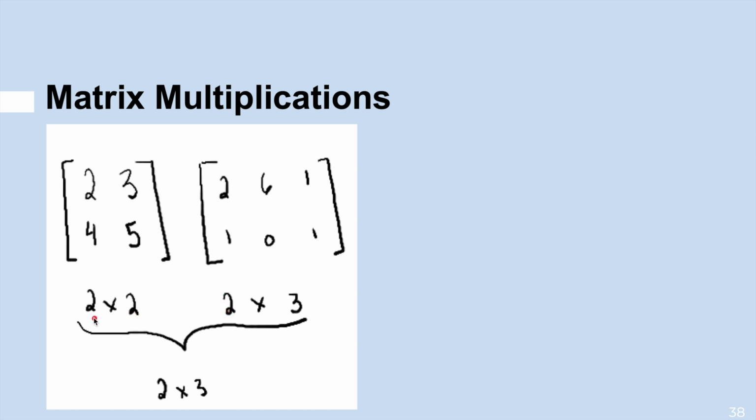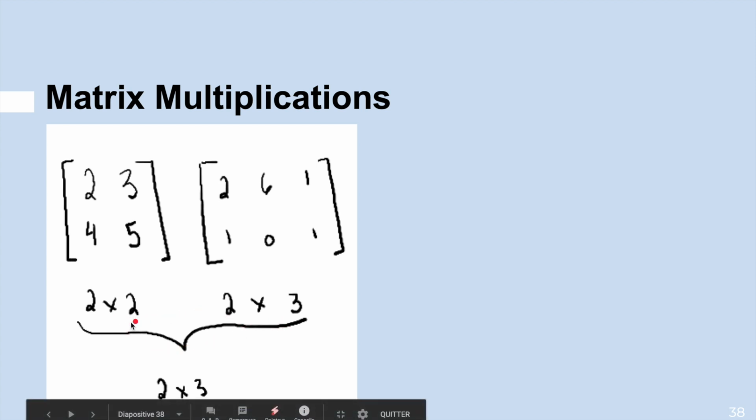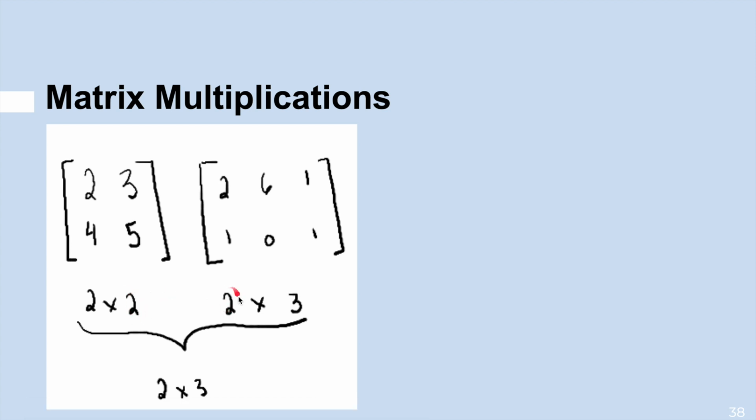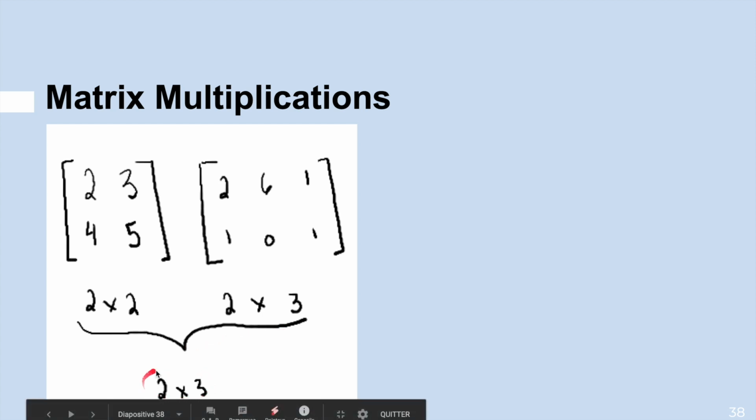So if I have a 4 by 3 matrix and a 3 by 2 matrix, that would work, because when I put them next to each other, the ones that are inside have to be the same number. Now, the new matrix that is produced is going to be the outer numbers. Here I have 2 and I have a 3 here. So the new matrix produced is going to be a 2 by 3 matrix.